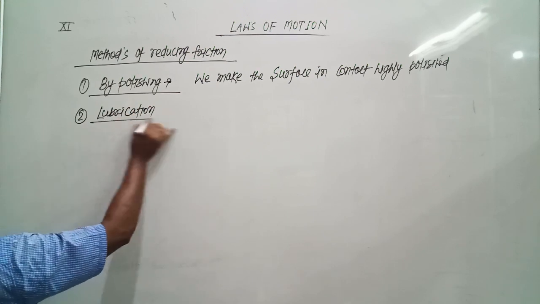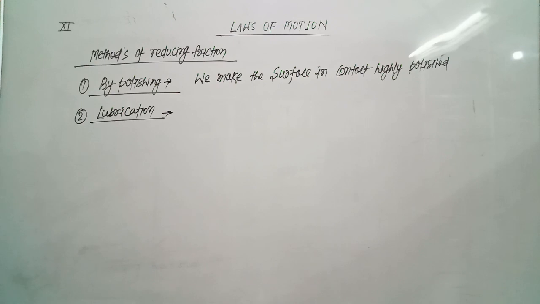The second method of reducing friction is lubrication. First, we understand what a lubricant is.